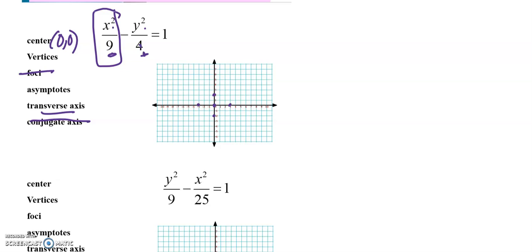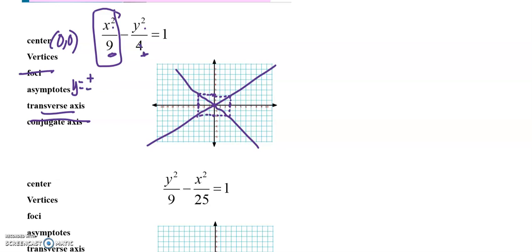Okay, and then we're going to have to tell what that equation is. What we do with the hyperbola is we make a box using our denominators. Okay, there's my box. Our asymptotes go from corner to corner. So they are lines that go from corner to corner in this little box that we have created, and we're going to name those equations. So this is y equals, and our intercept is at 0, so we just went down 2 over 3 and up 2 over 3.